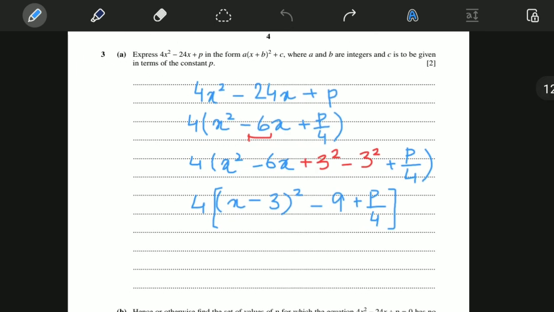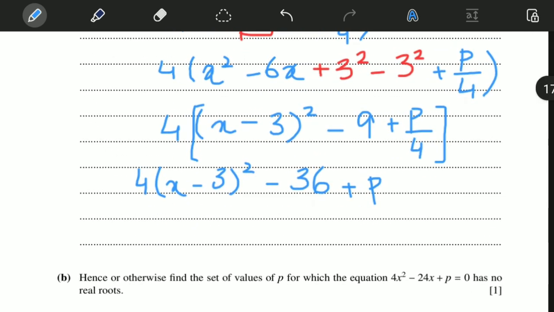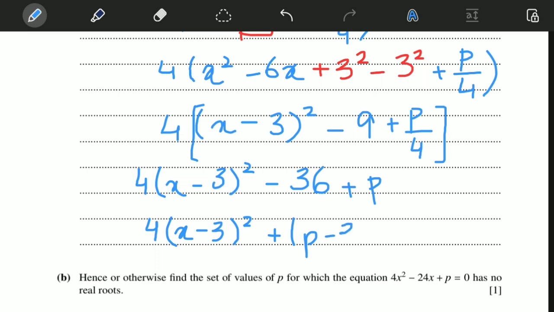As we know, the standard completed square form is (ax plus b) whole square plus c. Okay, so let's do this. It will become 4 times (x minus 3) whole square minus 4 nines are 36 plus p. This 4 and 4 will be cancelled out. Okay, in the next step, now arrange this a bit: 4 into (x minus 3) whole square plus p minus 36.